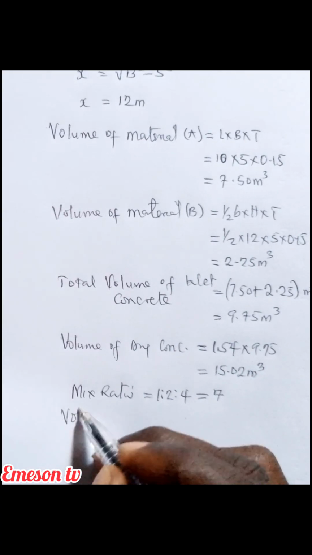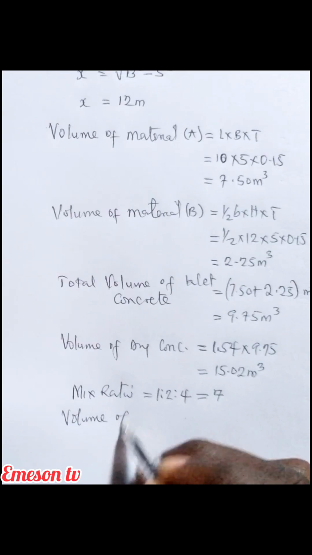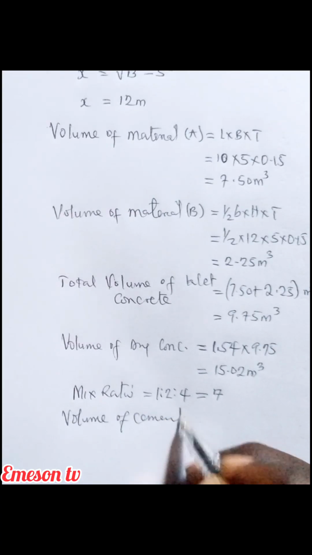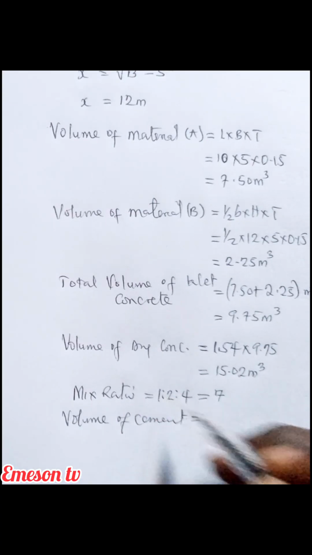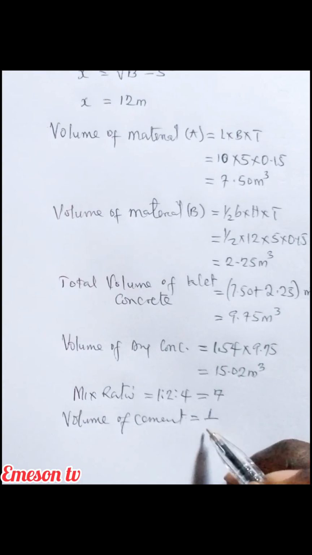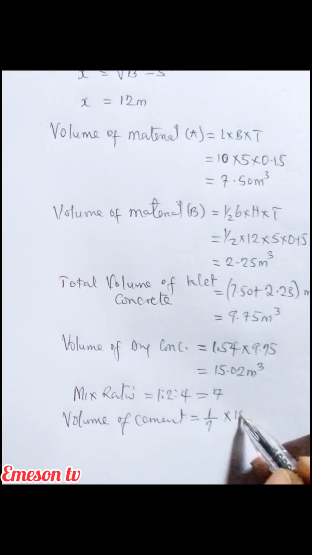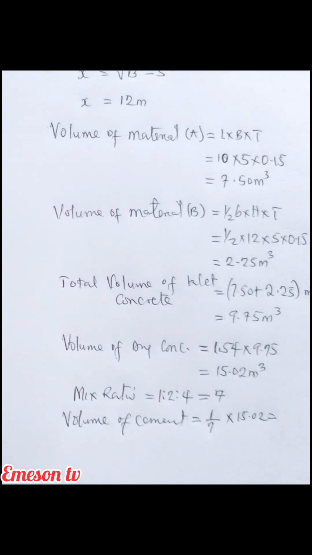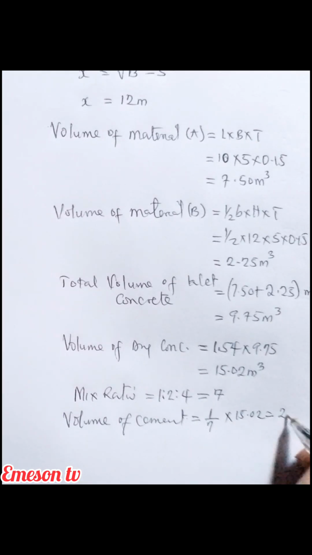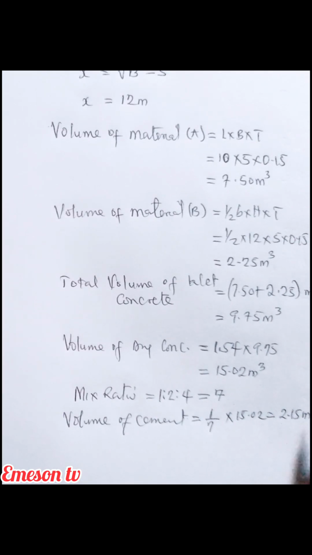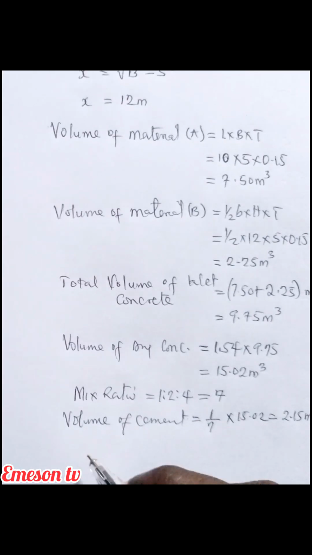So the volume of cement will become, 1 is for cement, 1/7 multiplied by the total volume 15.02. We have 2.15 meter cube. This is the volume of cement.